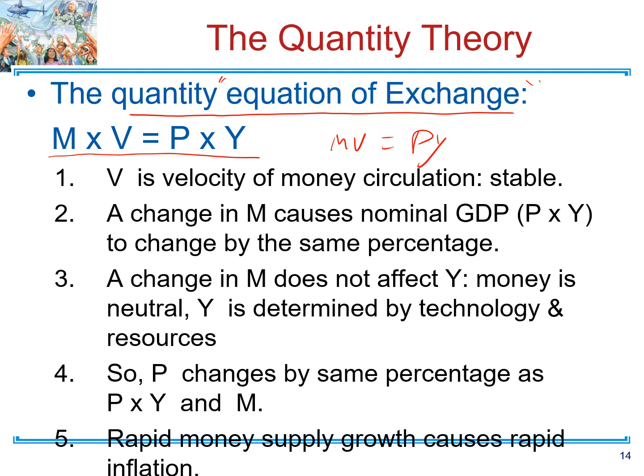And Y is real GDP. If P is the price level, then PY means nominal GDP. P times Y is nominal GDP and Y is real GDP, because PY divided by P is Y. That's how we get real GDP.